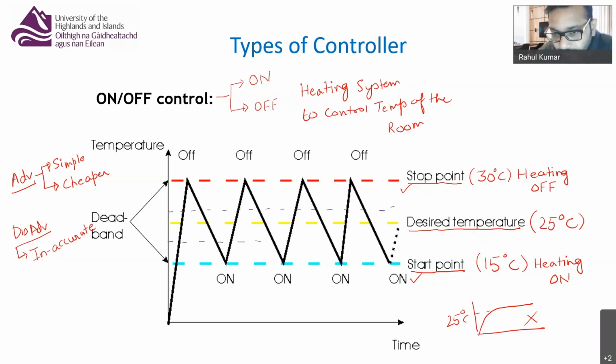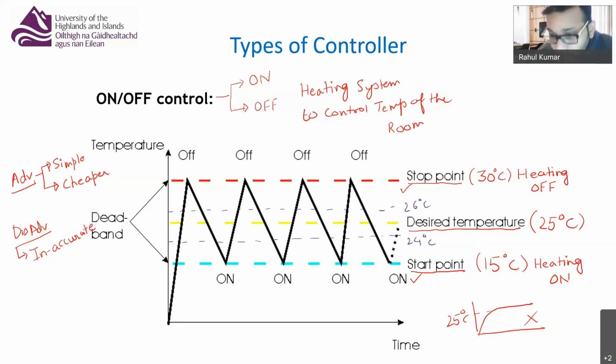So why don't we select something like 24 and 26 degrees, with 24 as the start point and 26 as the stop point? In that way, the on-off controller will be able to control the temperature of my room exactly or quite close to the desired temperature.